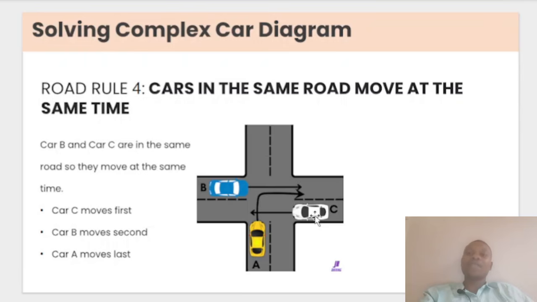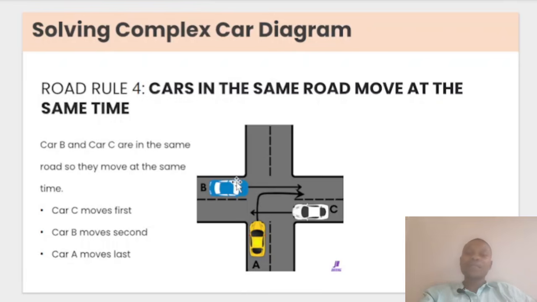These are cars that are facing each other and they can move at the same time. So as car C moves, car B will move. Okay? So car A moves last.